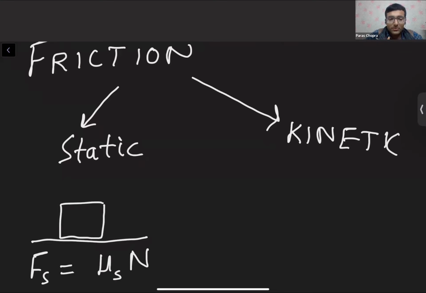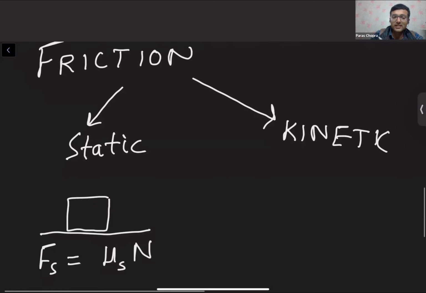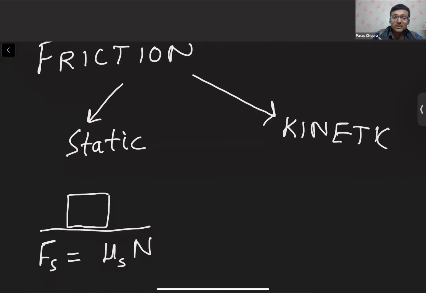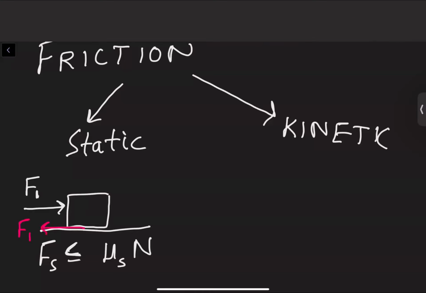You have to be careful while learning about static friction: this is not the static friction value, but the maximum value. If you are applying a force which is less than this maximum value, then the static friction will not be equal to mu s N. In that case, the static friction will just be equal to the applied force.